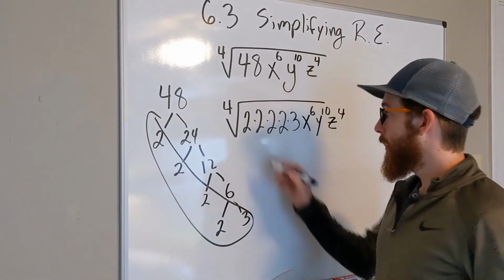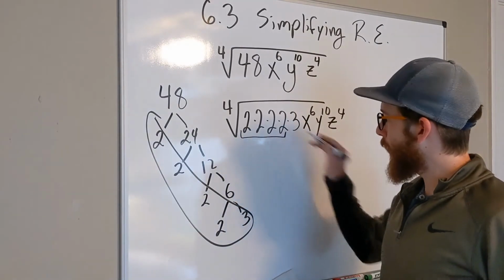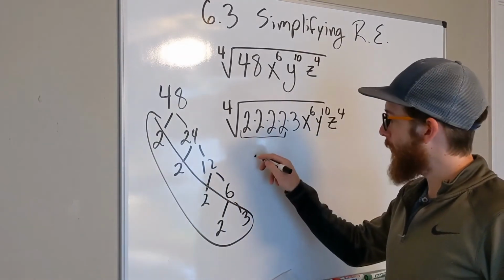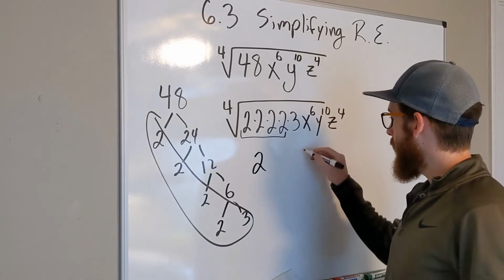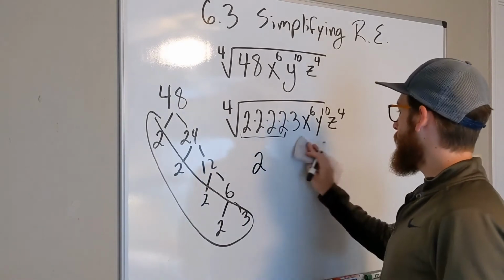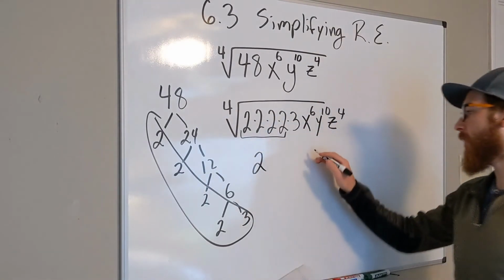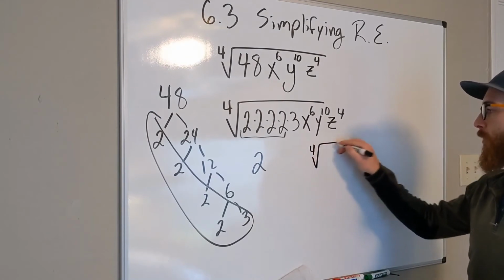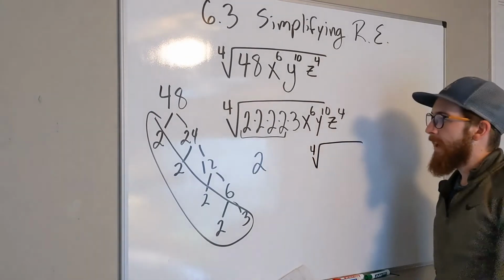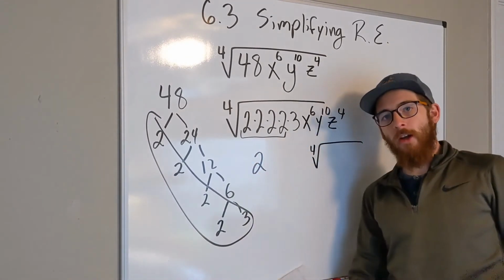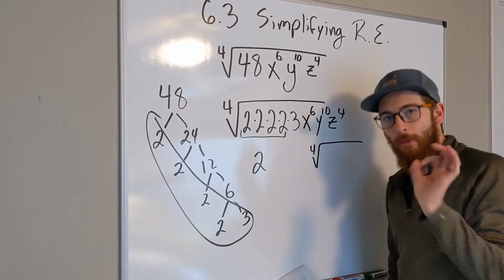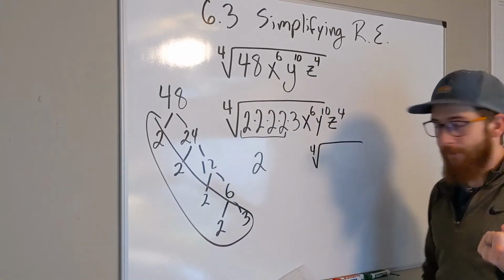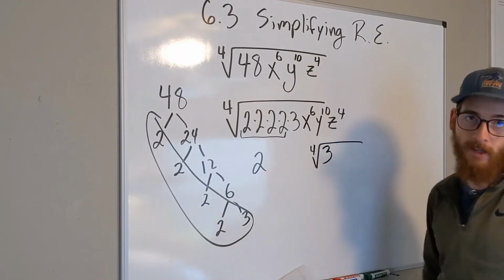So I have one group of 4 here in the 2's. So that moves outside. So I'm going to put the fourth root over here. Now, is there a group of 4 of the 3's? No, there's just one 3, so it has to stay inside.